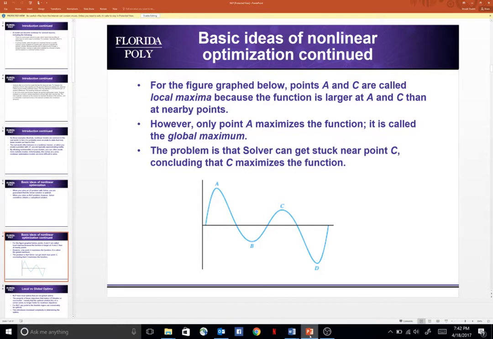What I mean by that is if I started, for instance, in this function at point B, then my optimum solution, depending on how I structure the problem in Solver, would give me point C. Now, point C, if we're looking at the overall function, would be considered what's called a local maxima, right? So if we were to plot this whole function as you see here, it would be a local maxima, but not the global maxima, which would be represented by point A.